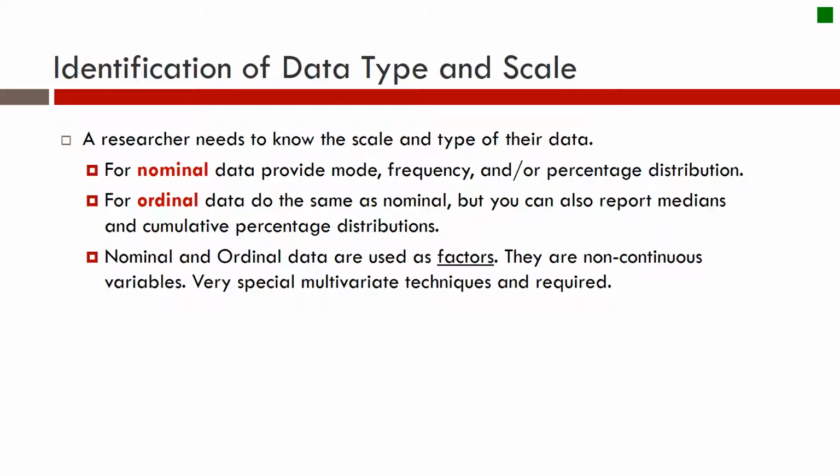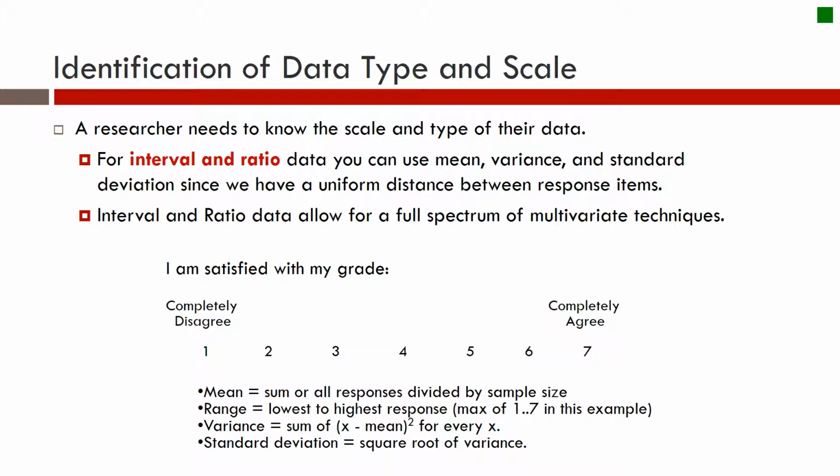Also in SPSS, you have to specify your data type. So you need to know this anyway if you're going to set up your data set correctly in SPSS. When we move over to interval and ratio data, we can do a lot more. That's fun and interesting. With this type of data, we can take arithmetic means, we can do ranges, variance, standard deviations.